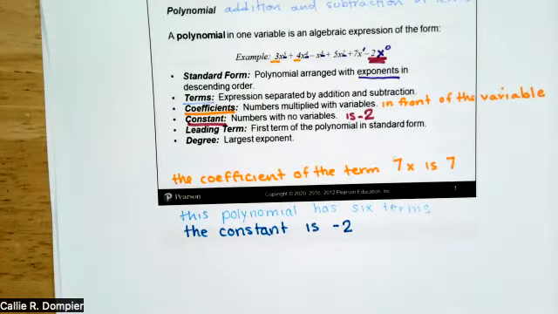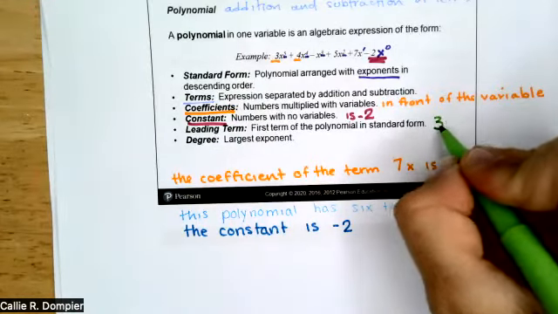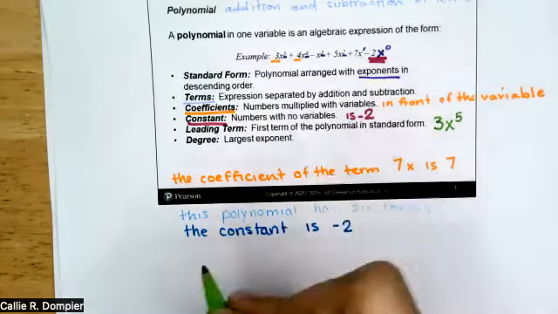When the polynomial is in standard form, as this one is, the leading term is just the first term, the first entire term. The first term of the polynomial in standard form is 3x to the 5th.